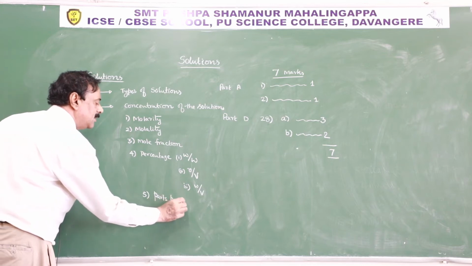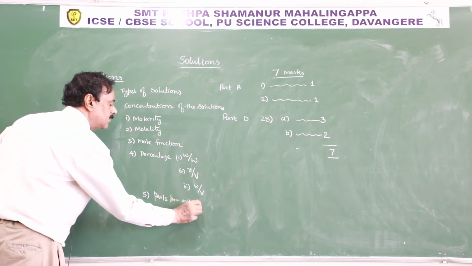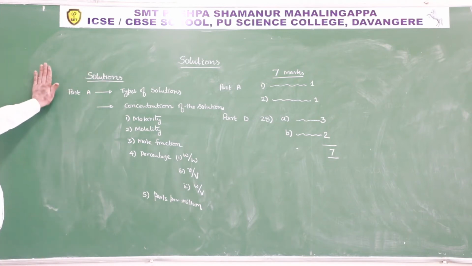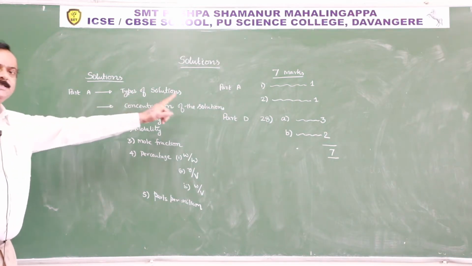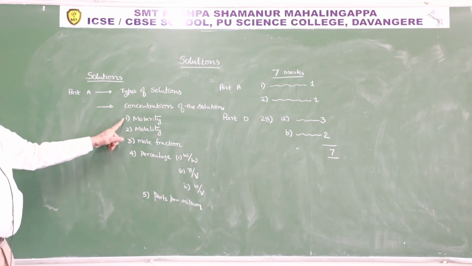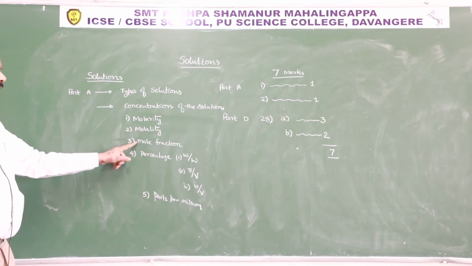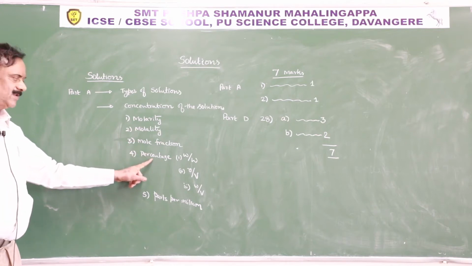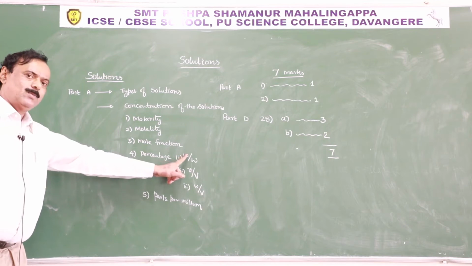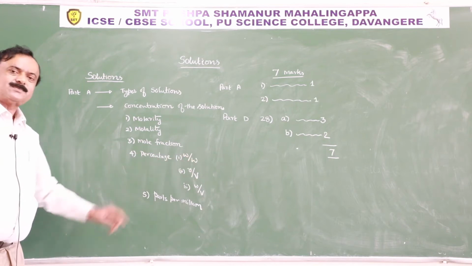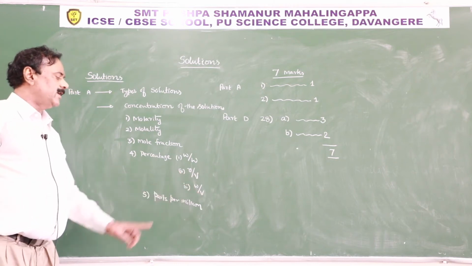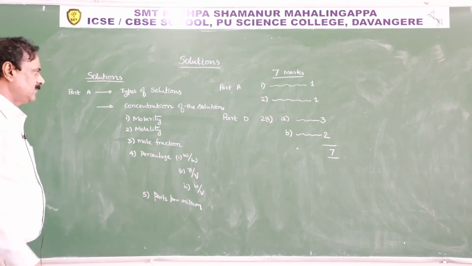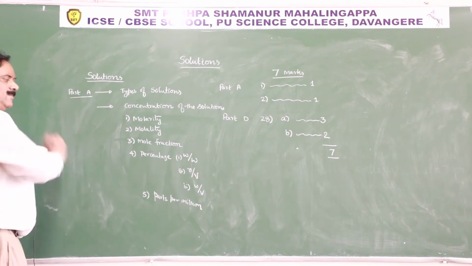So in Part A, the introduction part, we have different types of solutions and methods used to express the concentration of solutions in terms of molarity, molality, mole fraction, and percentage of solutions like mass by mass or weight by weight, volume by volume or weight by volume, and parts per million. This is Part A.